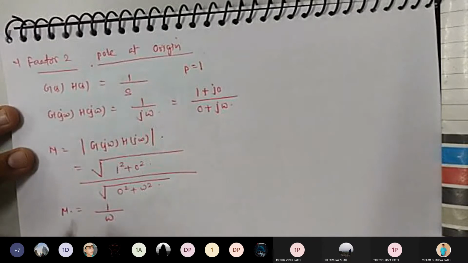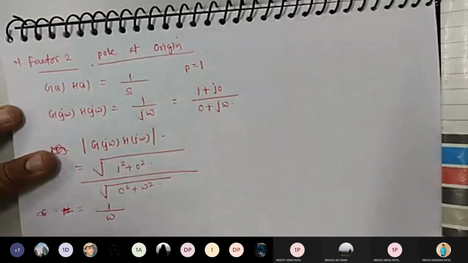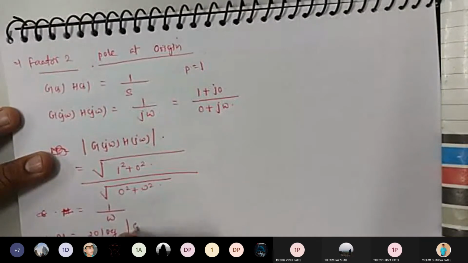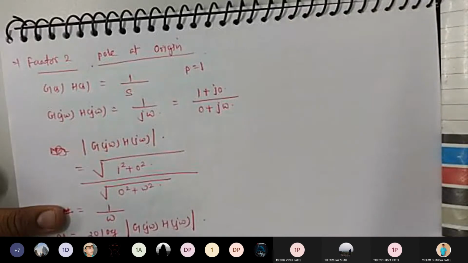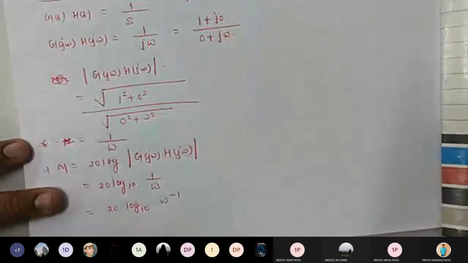This is the magnitude of G(j omega)H(j omega). Now the magnitude in dB is 20 log of the magnitude of G(j omega)H(j omega), which is 20 log 10 of 1 upon omega, that is 20 log 10 of omega inverse, which is minus 20 log 10 omega.